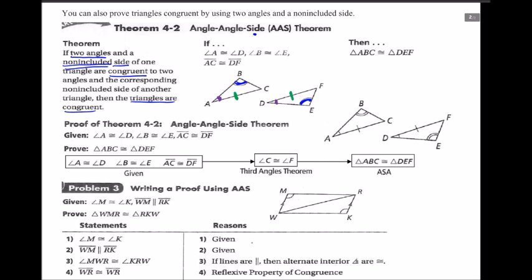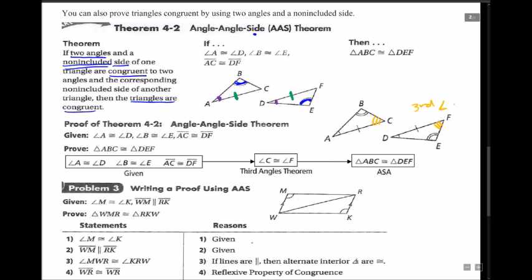Now this again is a proven theorem. And how would we prove this? Well, look at our two triangles here. What do we have? Is there anything that we could do to get to one of our postulates? What about these two angles right there? Do we have any way to make those angles congruent?